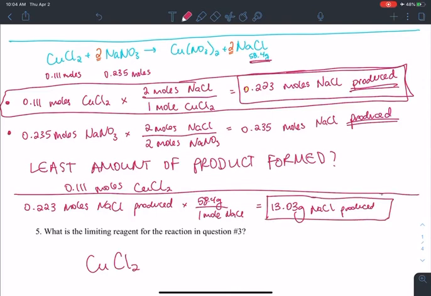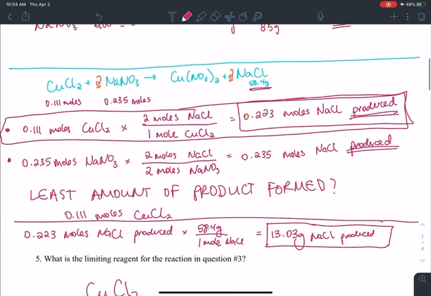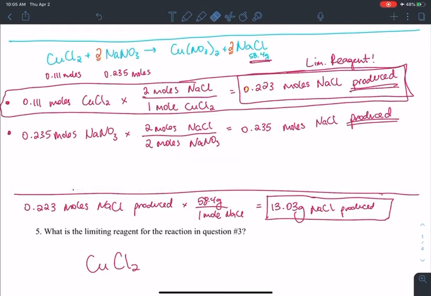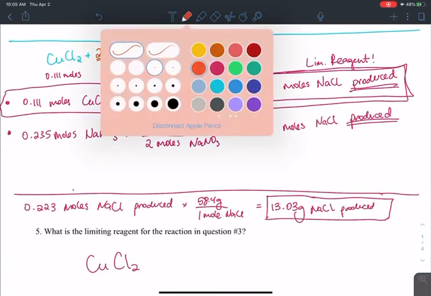And so what's important is that you understand that the limiting reagent determines the maximum amount of product that can be formed. Okay? So let's just write that down really nice.